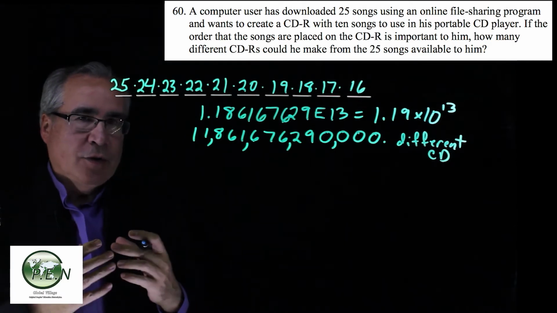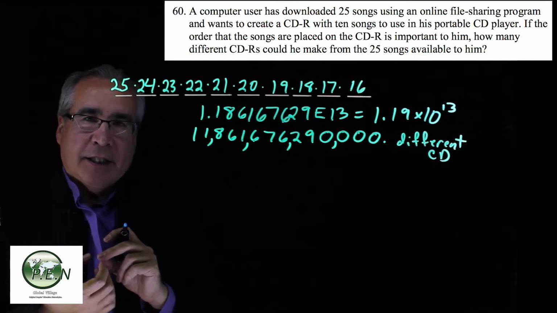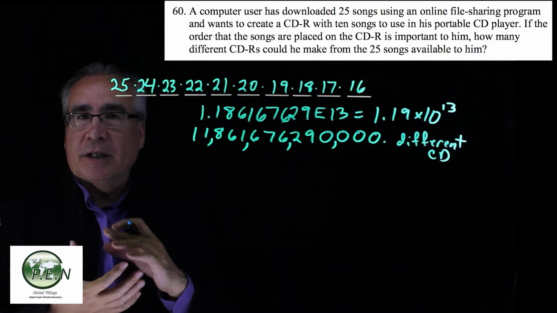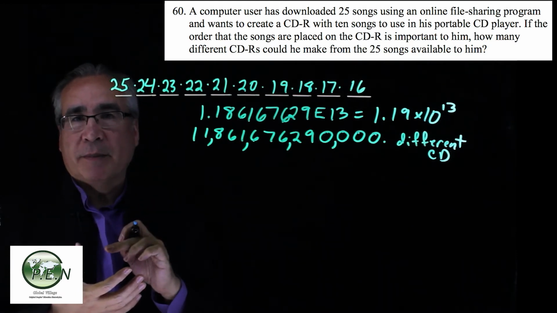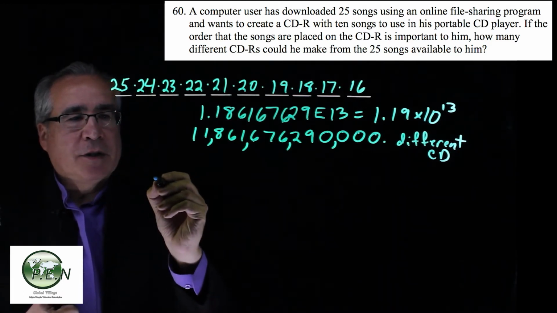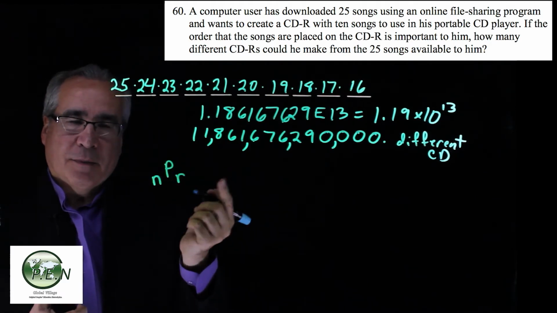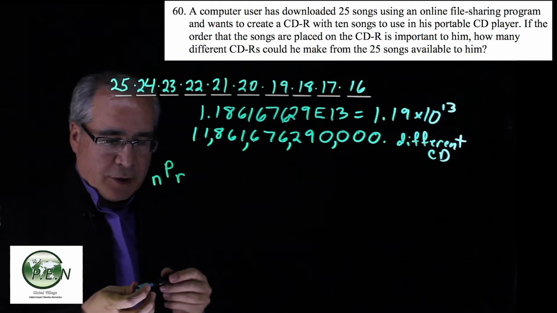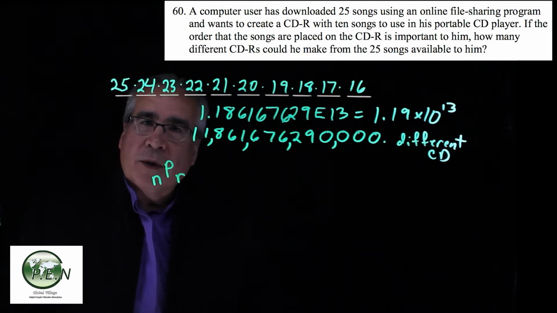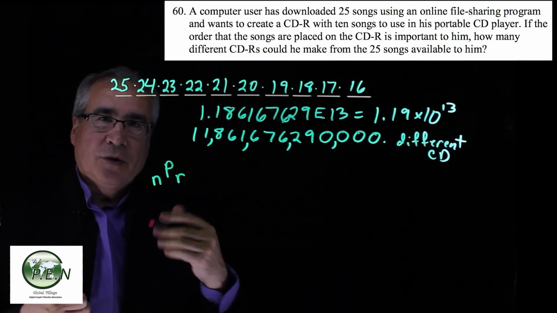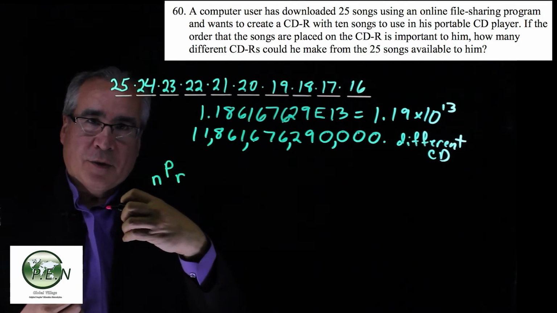Another way to do this is using the math key on a TI-84, or possibly, depending upon your calculator, a probability key. And what you're looking for is this option, nPr. This is a permutation. When we're doing a permutation, we are choosing a certain amount from the total number.